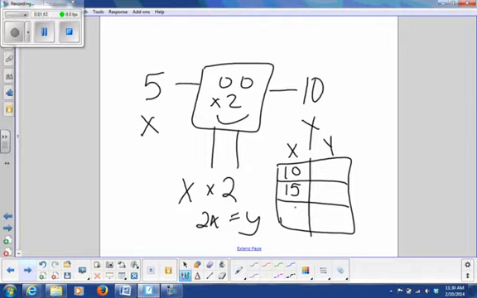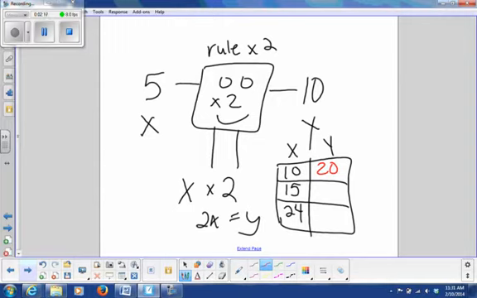We already did 5. 24. Okay, so then I'm going to take these numbers, I'm going to go 10, and my rule is times 2. Okay, so I put my 10 in here, it goes times 2, and then it gives me, what? 20, because 10 times 2 is 20, right?